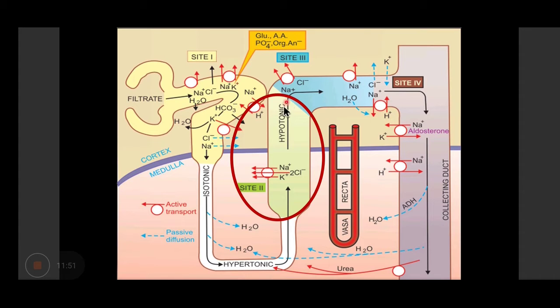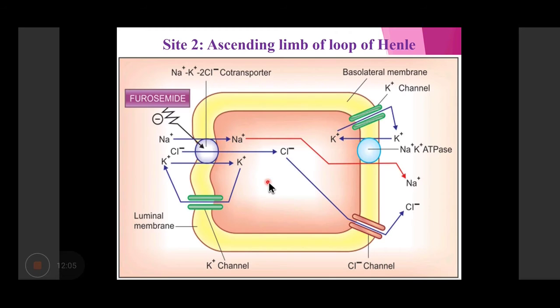Then we move on to the second site, the ascending limb of loop of Henle, which has this peculiar transporter known as the sodium potassium 2 chloride symport or transporter. This diagram is a little opposite of the one that we saw in the PCT.